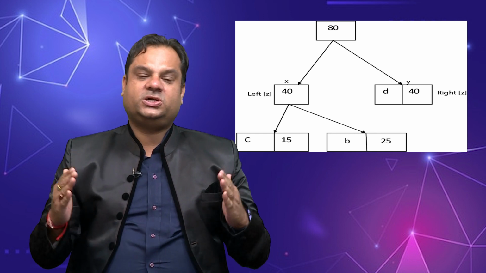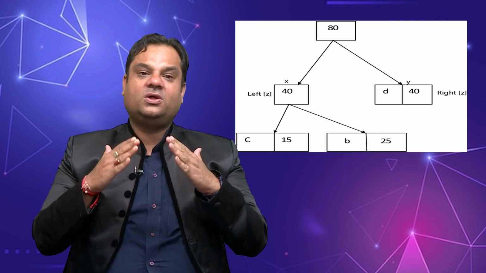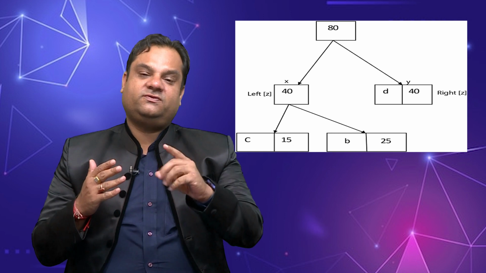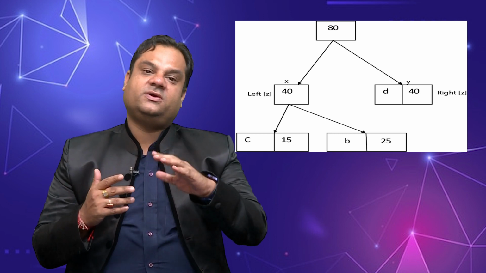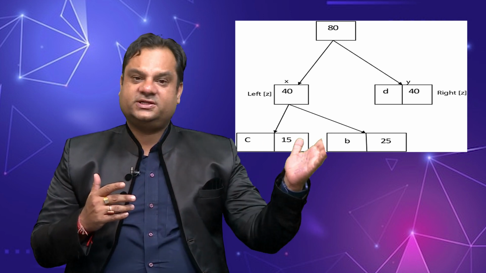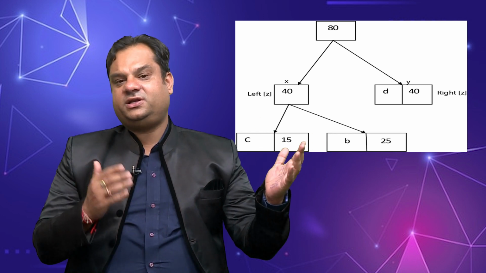When we merge two equal values, we first connect the left subtree, which we take as the previous one, then we take the next one.